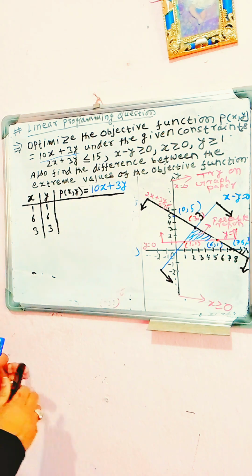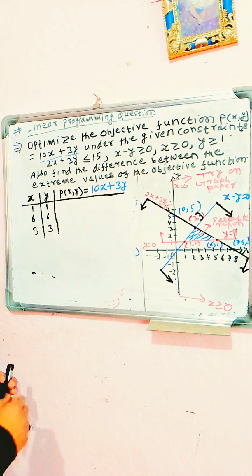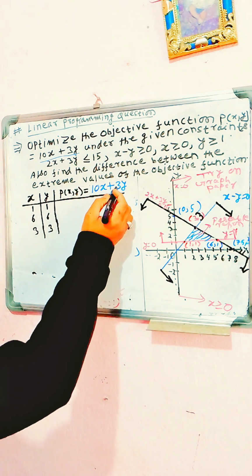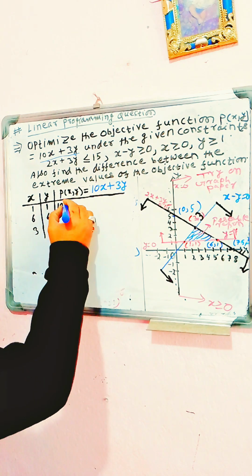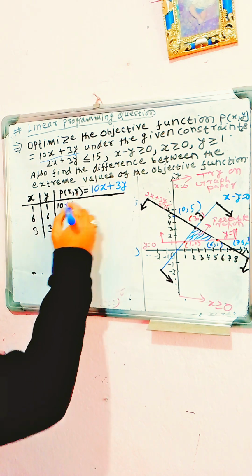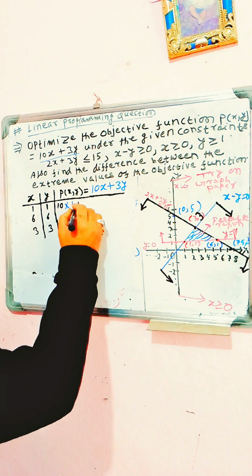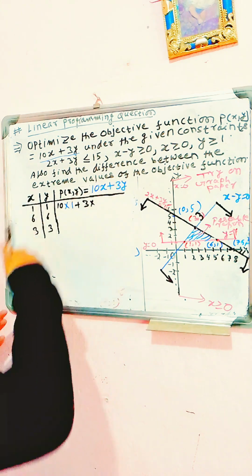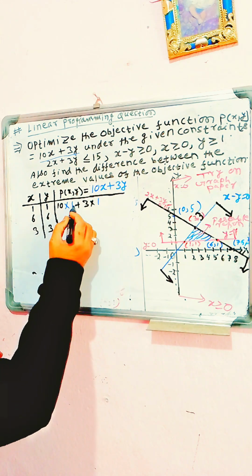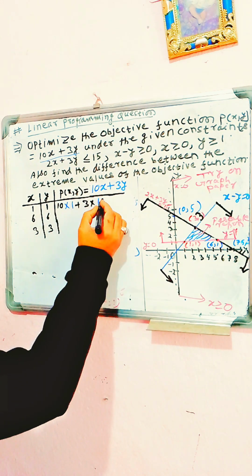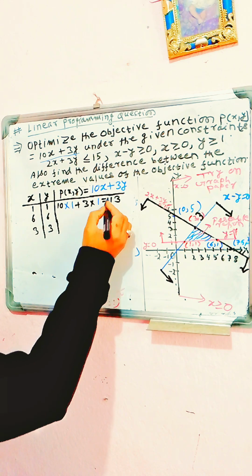You can write in any order, but we have to write the correct coordinate values. Now this equation is 10x plus 3y. So 10 times the x value 1, plus 3 times the y value 1, is 10 plus 3, which is 13.